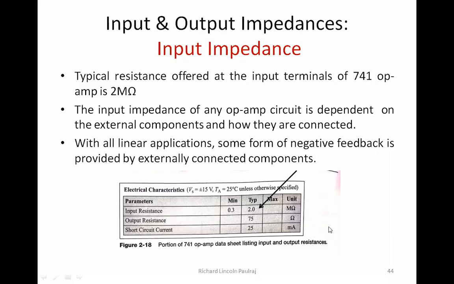So how do I get to know that? I get to know that with the help of this data sheet, and I have put an arrow mark here so that it becomes easy for you to understand how much is the input resistance. I am getting these values from the data sheet, and we are seeing that the ambient temperature, that is TA, is about 25 degrees centigrade.